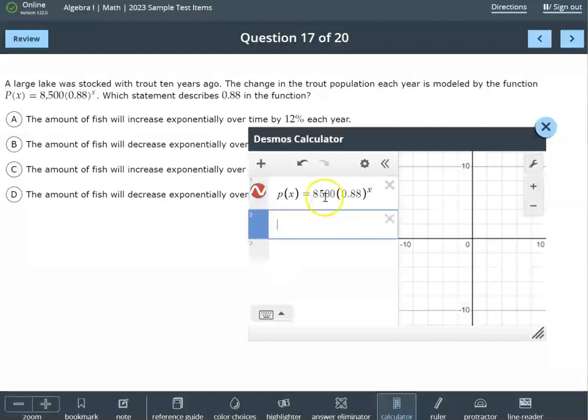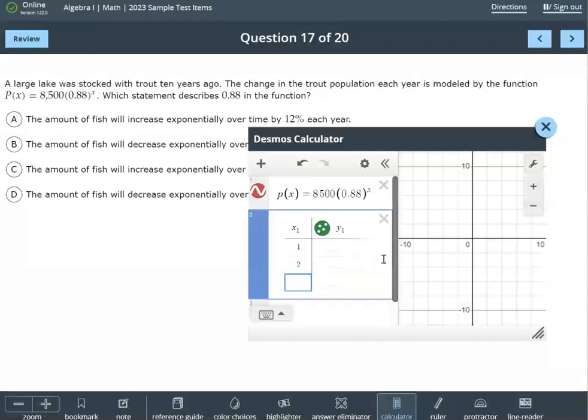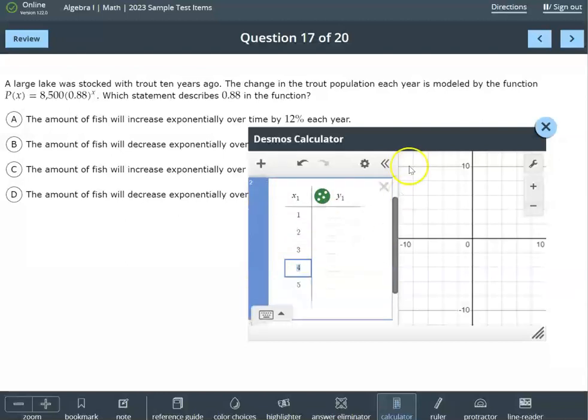Now this graph is not showing up because it's starting way up there at 8,500. And anytime I have a percent increase or a percent decrease question, I usually tell my students, let's look at some data to see what it's doing. So I'm going to create a table, and it says 10 years. I don't think we really need 10 years. So let's do 5 years. 1, 2, 3, 4, 5.